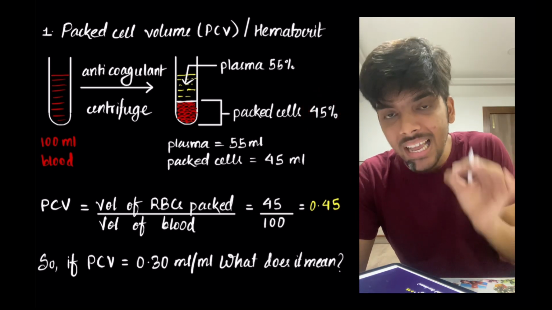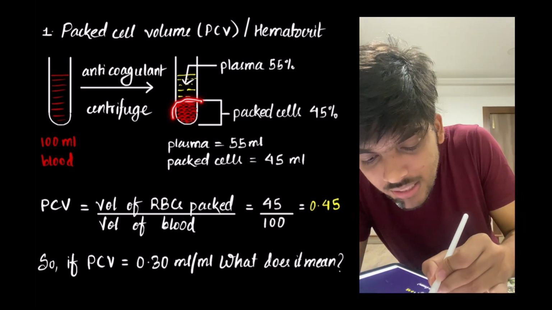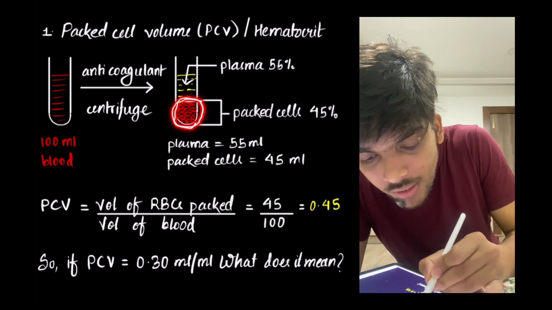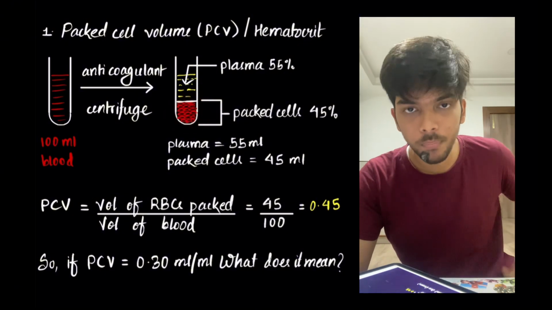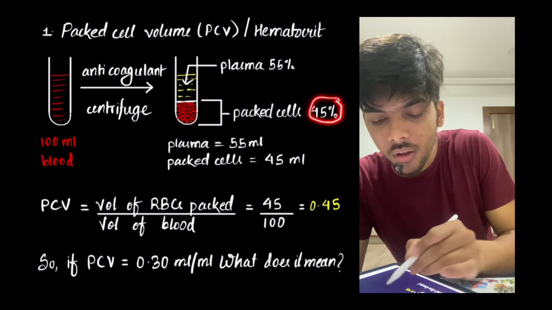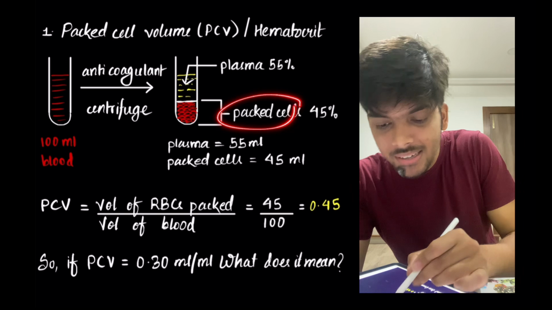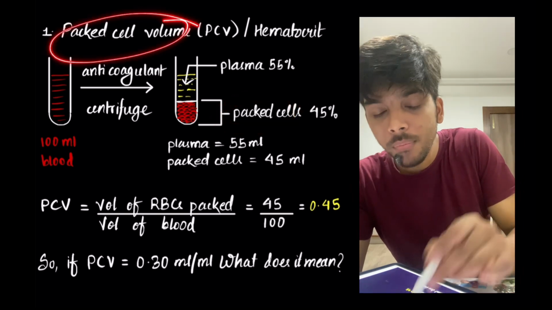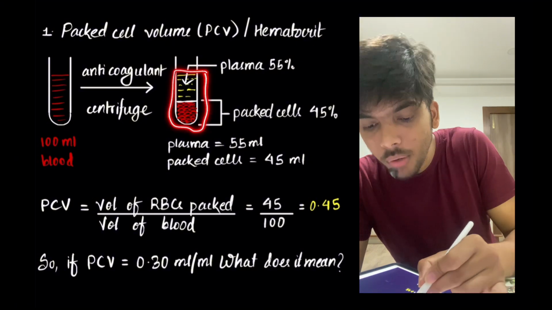The packed cell volume is the volume that is formed by these cells that are packed at the bottom of the test tube. And as you can see, 45% of the complete volume of the blood is formed by the packed cells. So the packed cell volume is going to be 45% of the total volume of the blood.